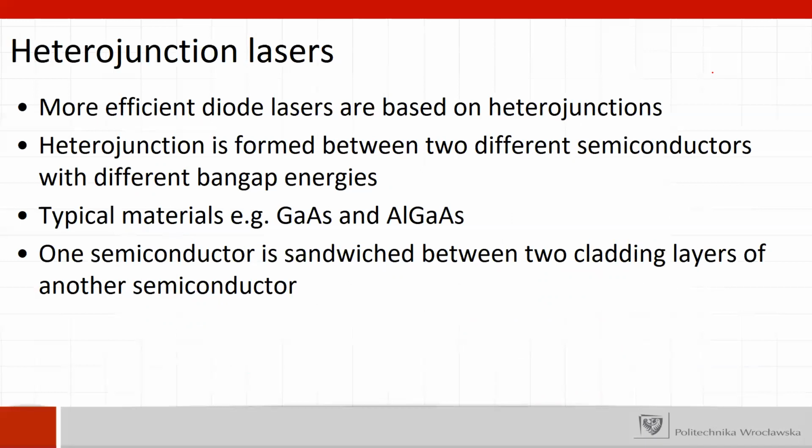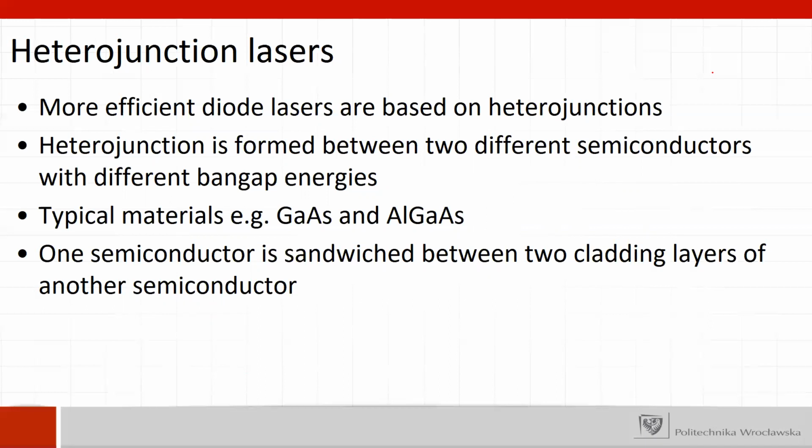As I said before, the simple example was the homojunction. This is where the same type of semiconductor forms both layers of the p-n junction. But more efficient diode lasers are based on heterojunction. A heterojunction is formed between 2 different semiconductors with different band gap energies.